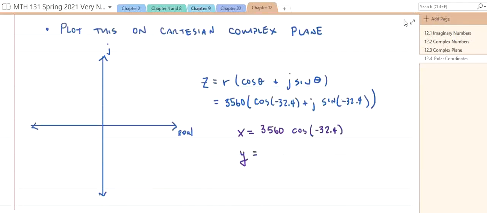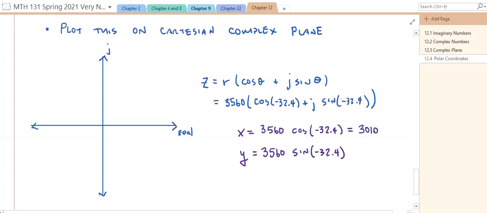So this means that our x value is 3560 cosine of minus 32.4, and the y value is 3560 times the sine of minus 32.4. Well, this in your calculator equals 3010, and this ends up equaling minus 1910.